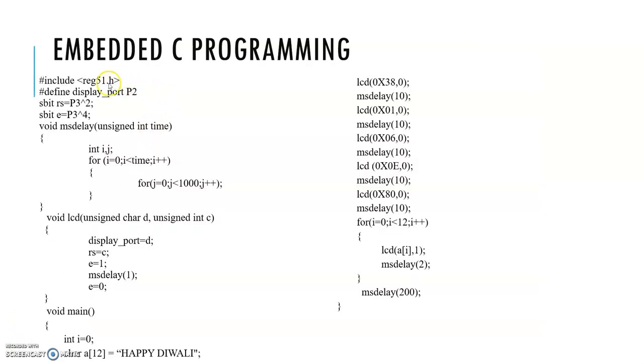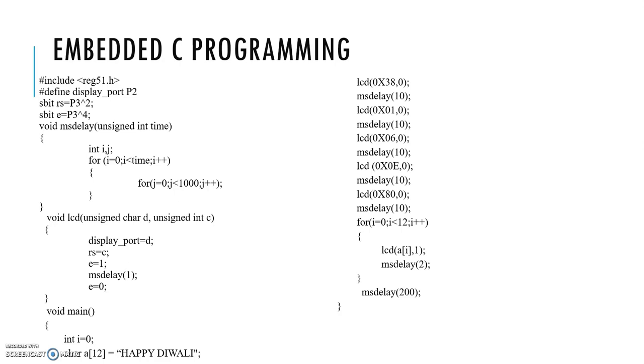To write the embedded C program, you include the header file, #include reg51.h, and define #define display port P2. So the port P2 is given the name display port. Whenever we mention display port in the program, that means port 2. And sbit RS is equal to P3.2.